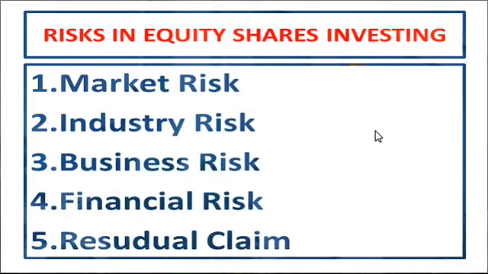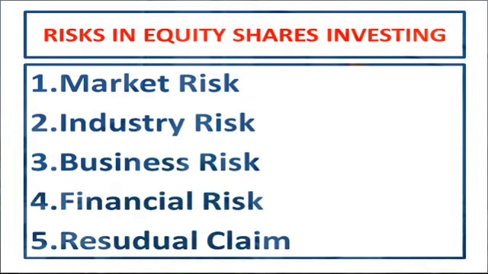Industry also has risk elements like business risk. There is a chance of the business lowering in certain situations, so that the earning capacity of that particular business may go down, and the share value relating to that business may go down. The financial risk: they may be in a debt trap.